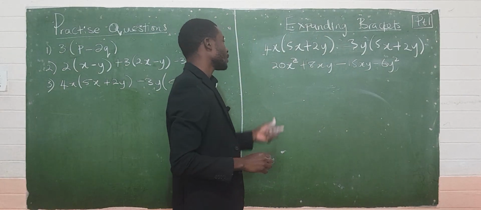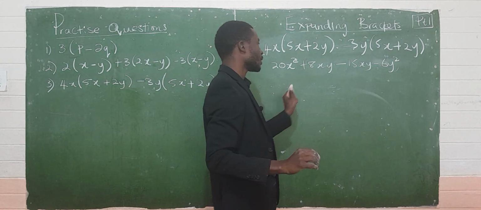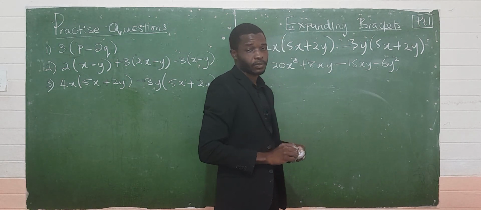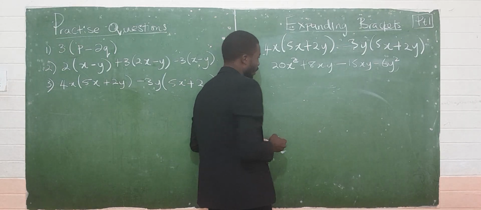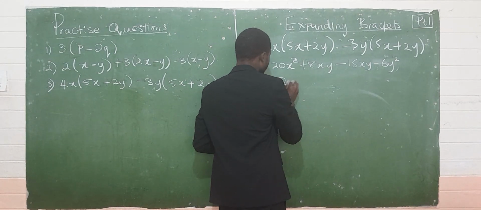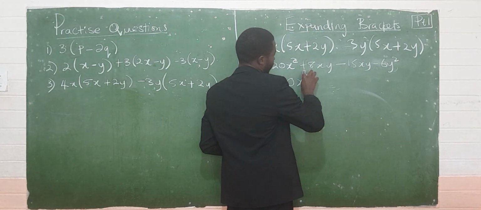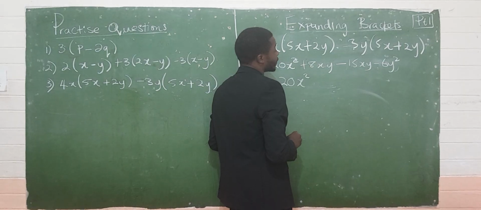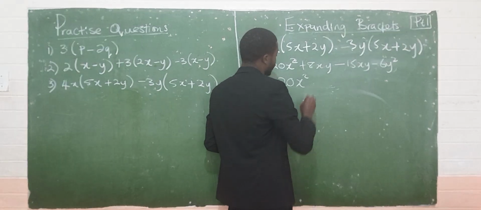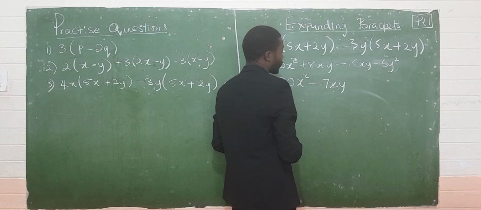From the look of things, these terms are different, so there's nothing we can do to them, but these are like terms. They are all cats, and we can add those cats. 20x squared, I bring down as it is, then 8xy minus 15xy should give me negative 7xy.